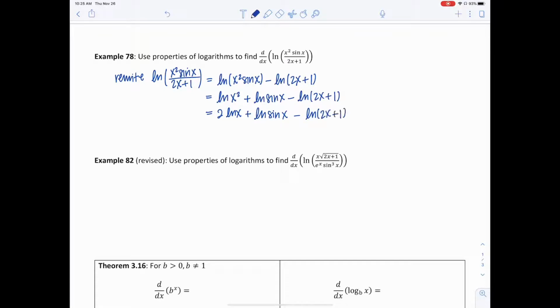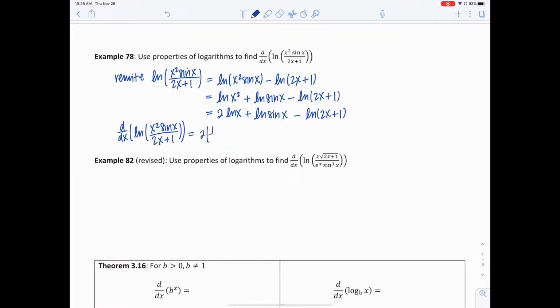Okay, now I'm going to take the derivative. This is a lot easier to work with because I can just take 3 separate derivatives. So dy/dx of this function is going to be, okay, this derivative is 1 over x, and it's going to be multiplied by 2.